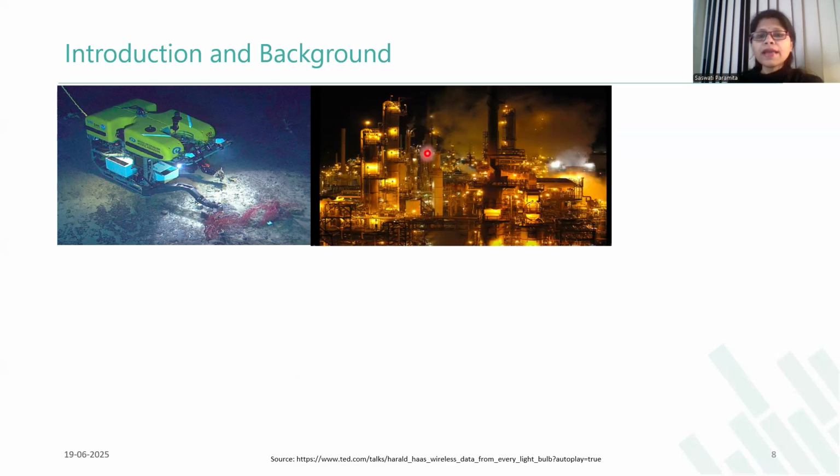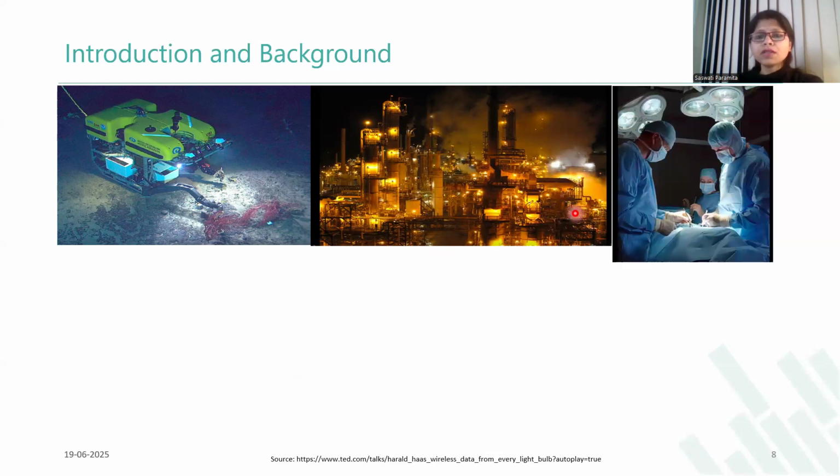Whereas if we utilize the lights available in the industry for communication, this radio interference can be minimized and we can avoid hazardous incidents. Therefore, it is another use case for visible light communications.